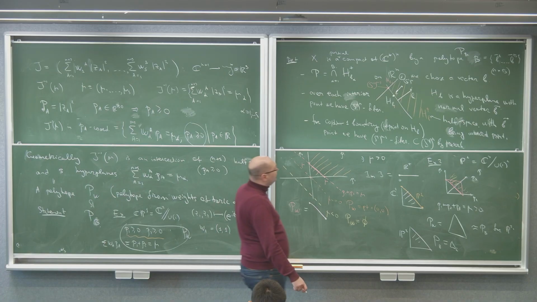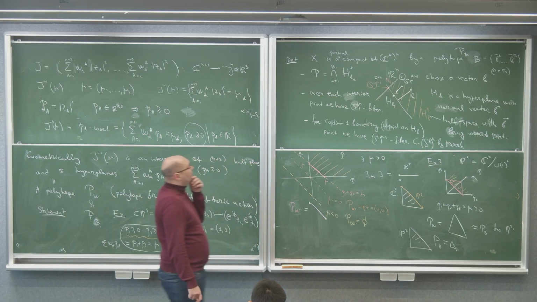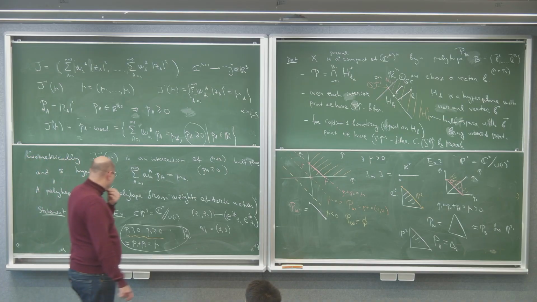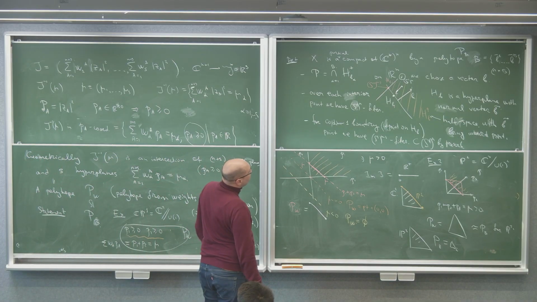So then to get an algebraic relation between the combinatorial data, you need to do the following.